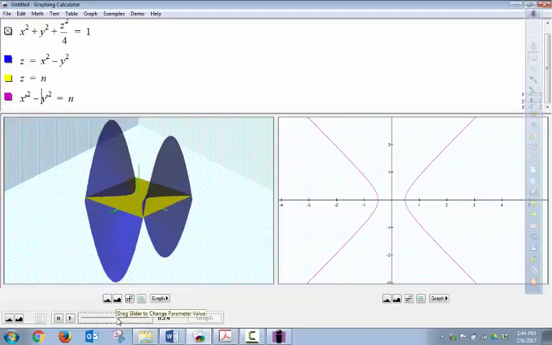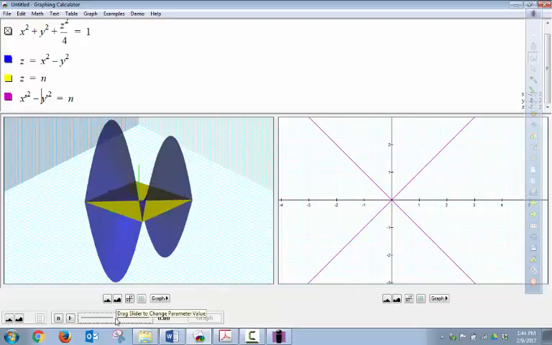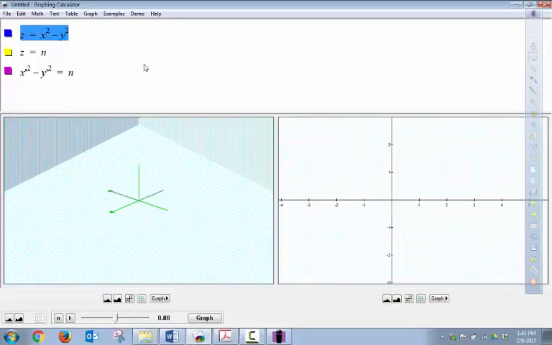I can't get to 0, 0. Oh, yes. So at 0, 0, if you let z equal 0, and when you look at the equation, and this is the equation I want you to look at, let's get rid of this one so it doesn't get too confusing. If you let z equal 0, you have x squared is equal to y squared.